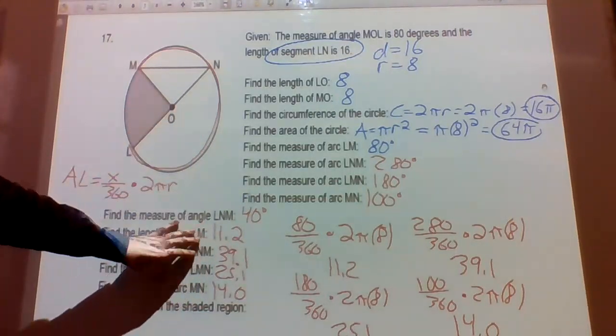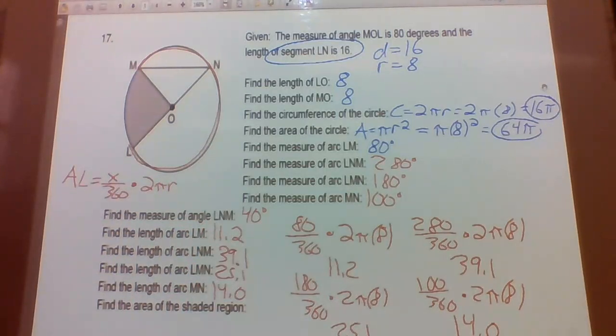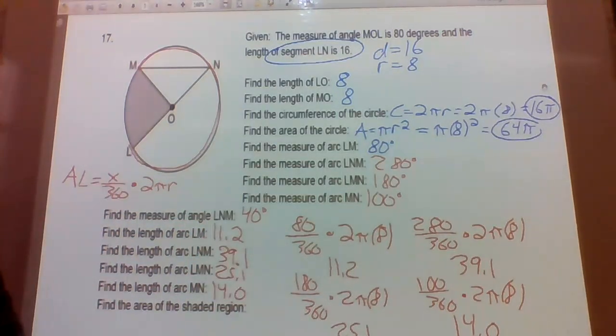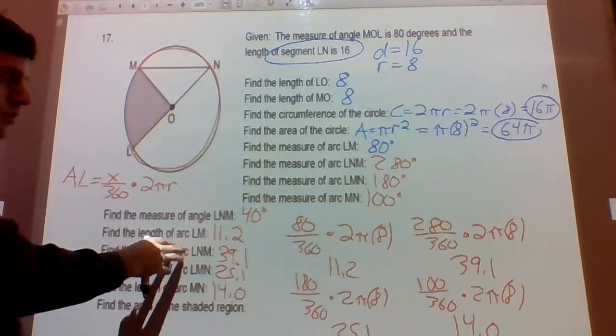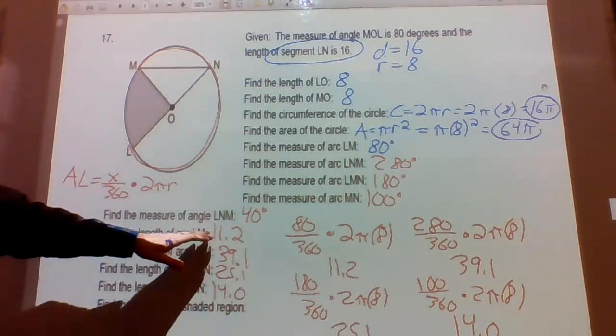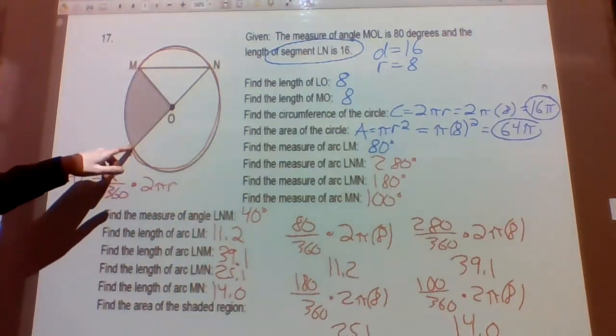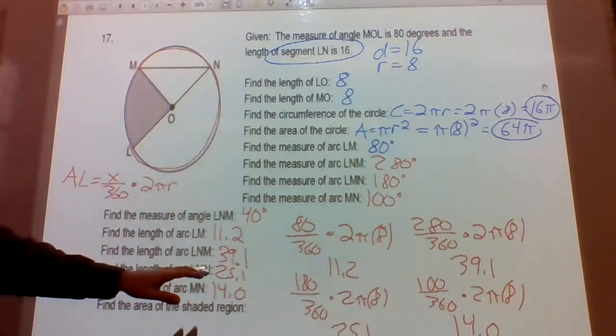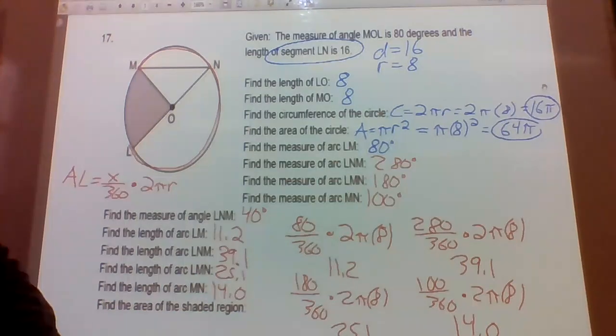Okay. Then here for the lengths, we're actually finding how long they are. So maybe this should have had units, right? So this is degrees, and this is where you would then have units. So say the radius should have been 8 inches, then this would be 11.2 inches long. The length of arc LNM would be 39.1 inches long, LMN 25.1 inches long, and MN 14 inches long.